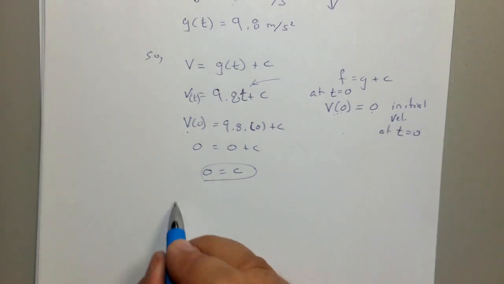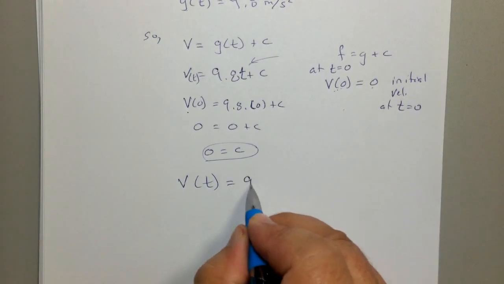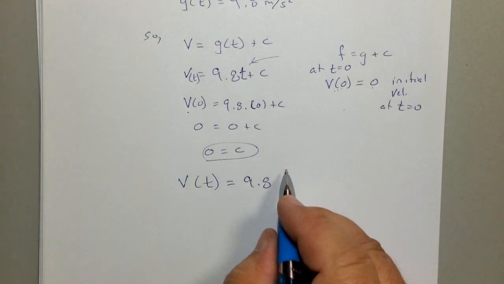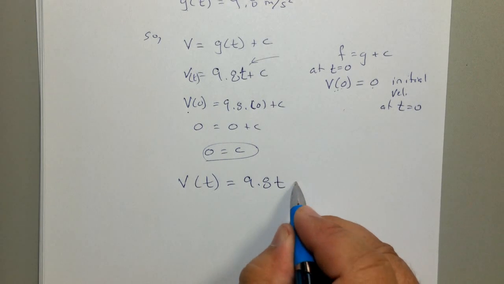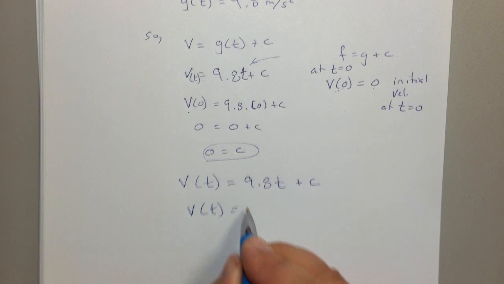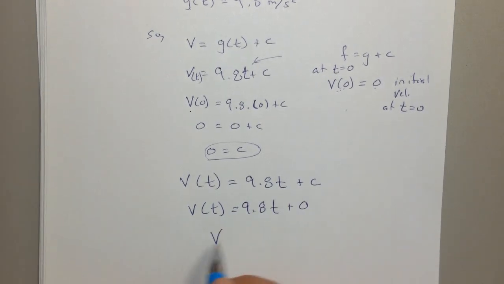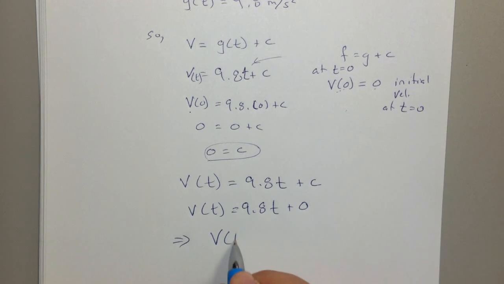So c equals 0, and v equals 9.8 t plus 0.